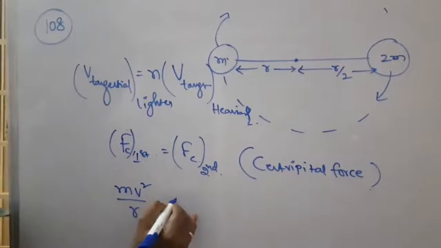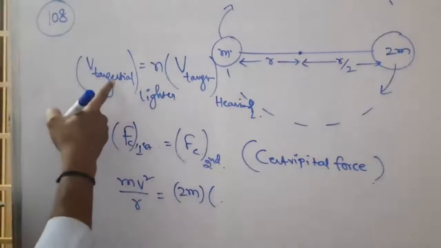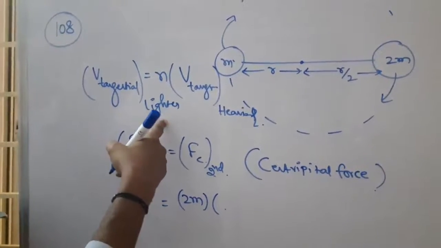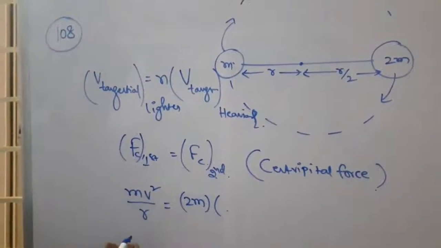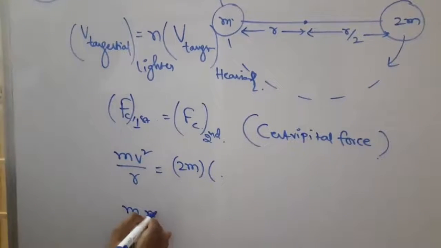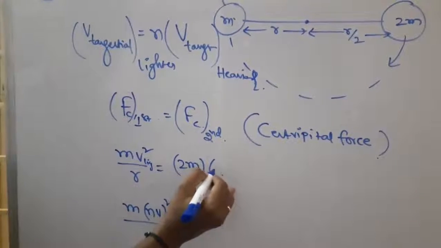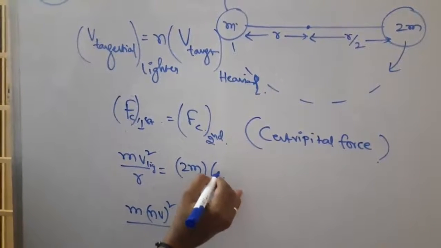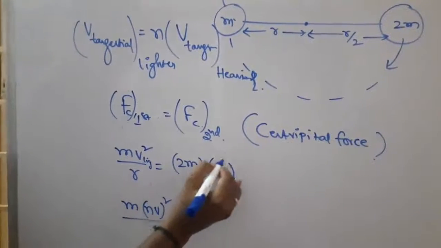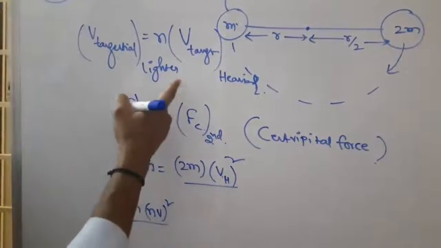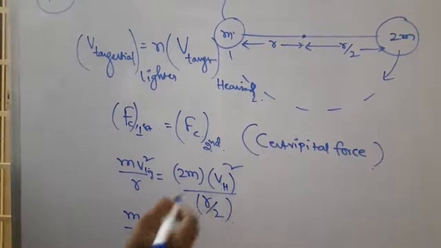That is equal to 2m into, but the tangential speed of the lighter one is n times the heavier one, so m into (n v) whole square, divided by the radius, which is r by 2. This is lighter, this is heavier.